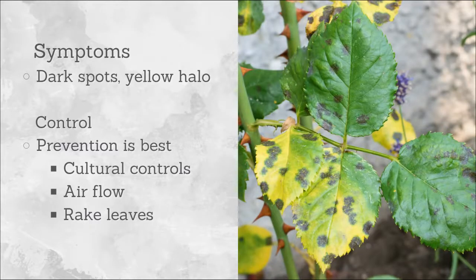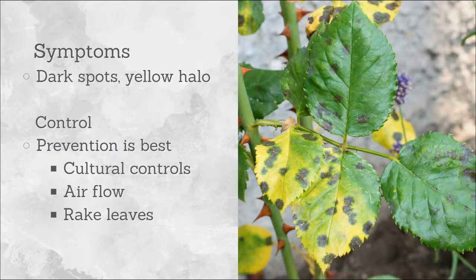I used one that is probably going to be the most identifiable, black spot on roses. It starts out with those black spots, and then it creates that yellow halo around. And then as it spreads, those halos can merge and start to turn the entire leaf yellow.